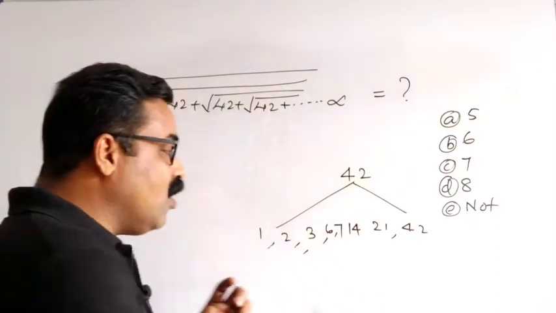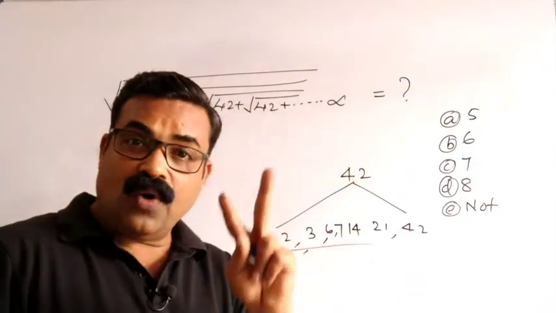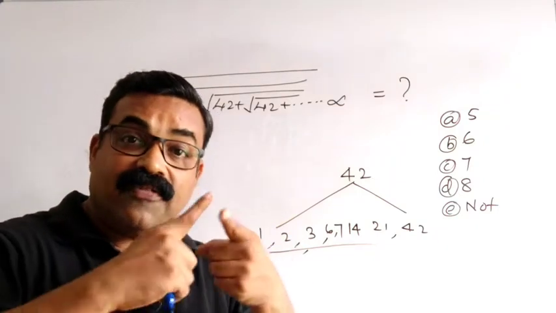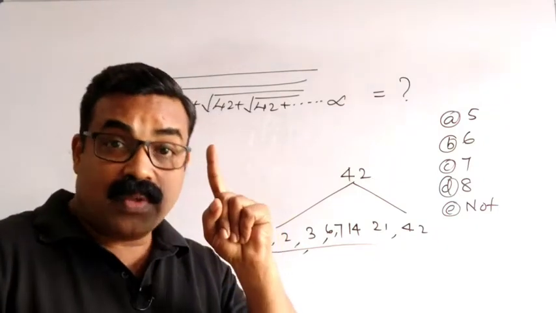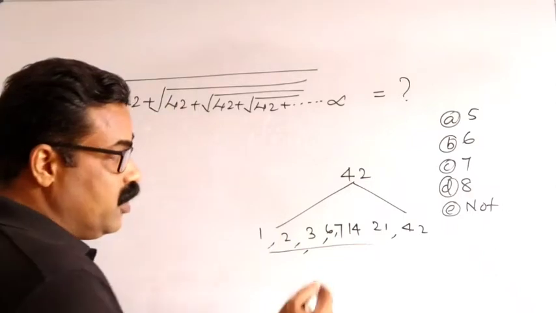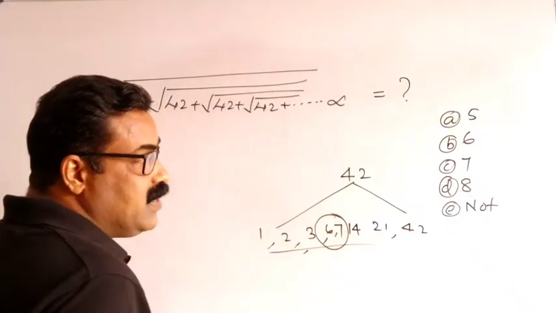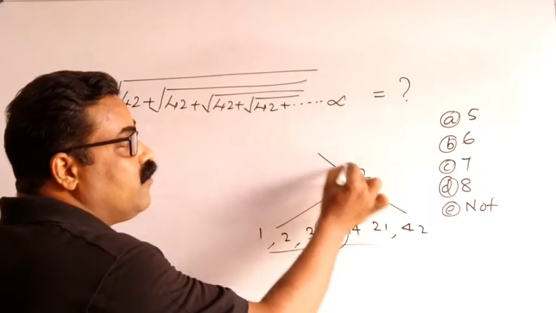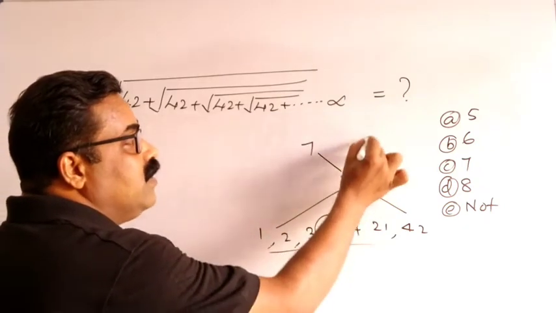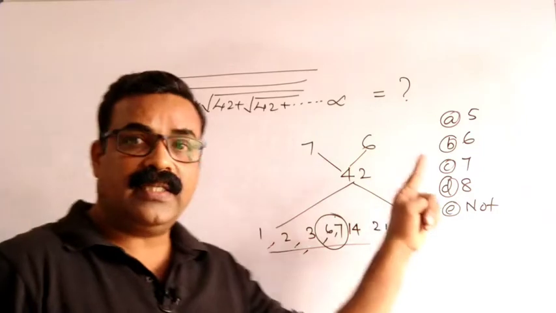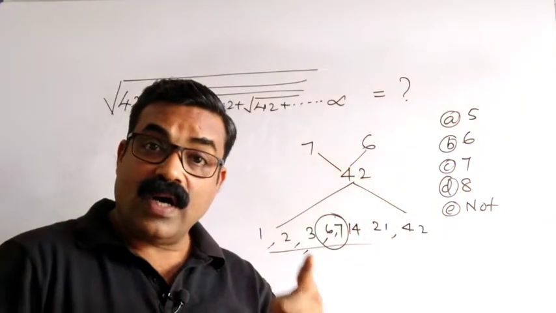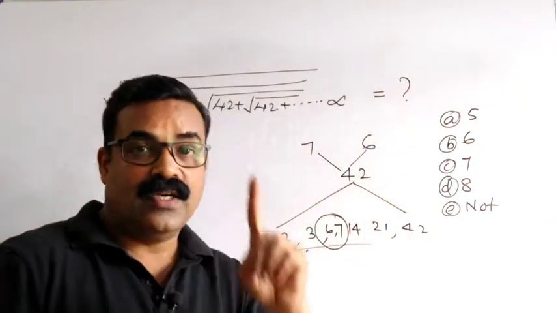But we don't want all these numbers. We want only two numbers whose difference is equal to 1. So if I see 6 and 7, the factors of 42 are 7 and 6. 7 into 6 is 42. What is the difference between 7 and 6? 1.